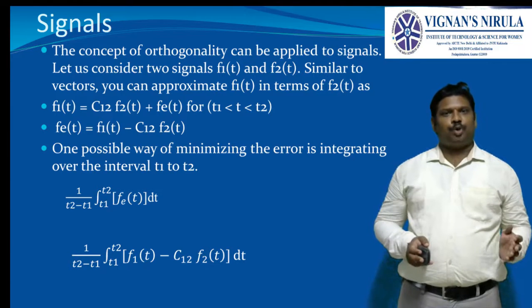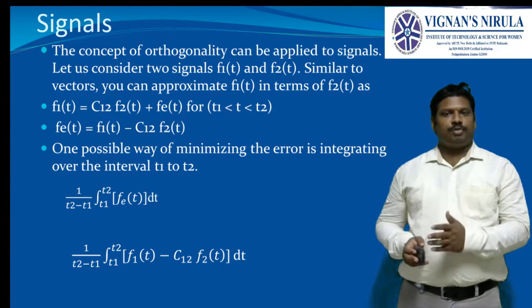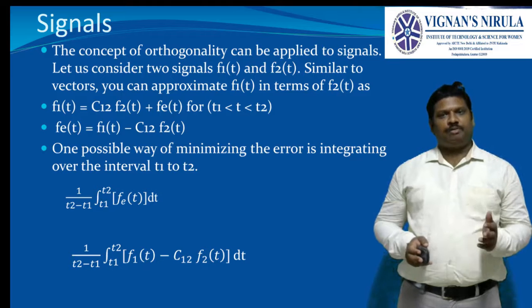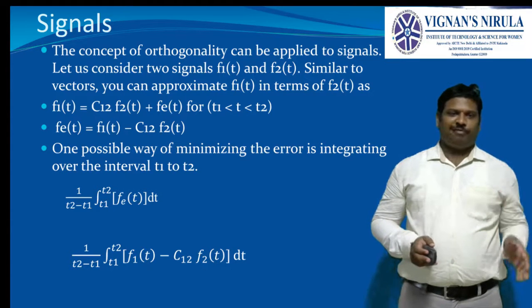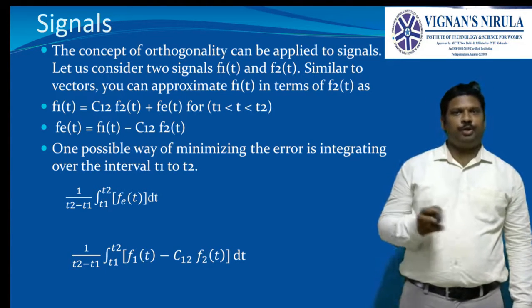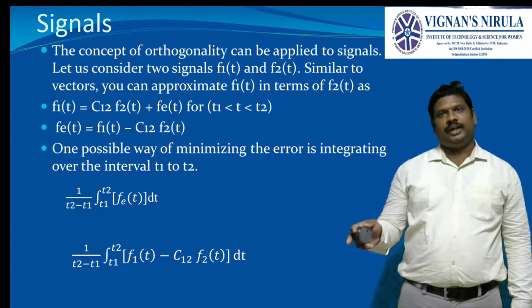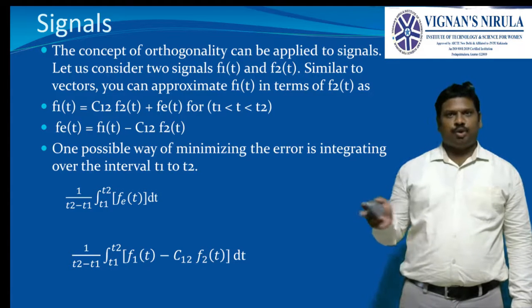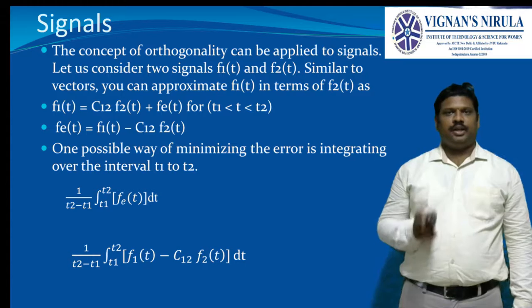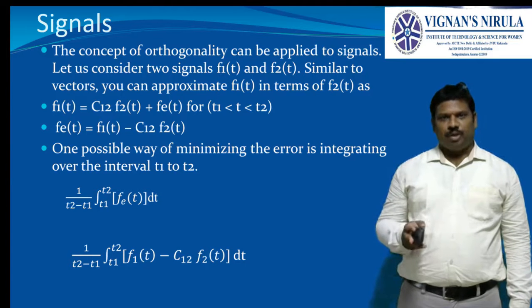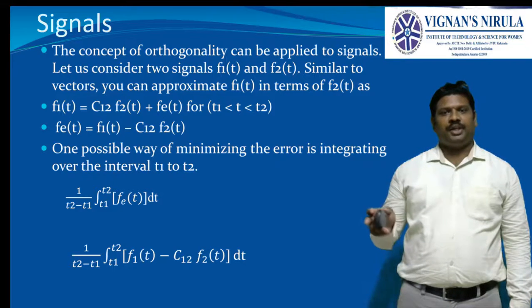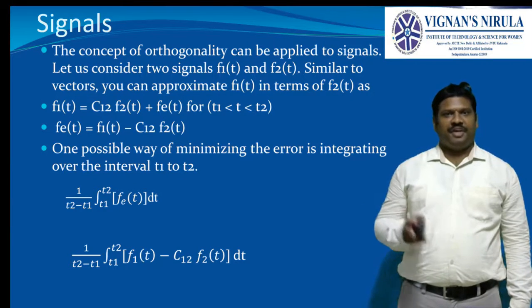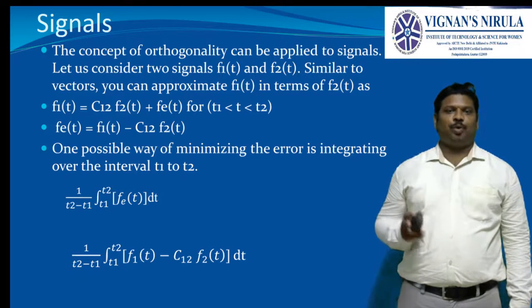That is, we can approximate the f1 of t in terms of f2 of t as f1 of t is equal to c12 into f2 of t plus a certain error function, similar to that of the error vector there, V1 equal to C12 V2 plus VE. Here we will write f1 of t is equal to c12 into f2 of t plus fe of t, where fe of t is equal to f1 of t minus c12 into f2 of t.